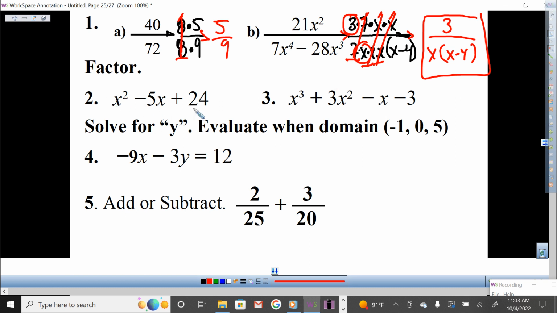All right, if I was to factor number 2, I would use the product-sum method. What's our coefficient here? An invisible 1. So 1 times 24 goes up here. What goes underneath? Negative 5. What two numbers multiply to give me 24 that when you add them give us negative 5?